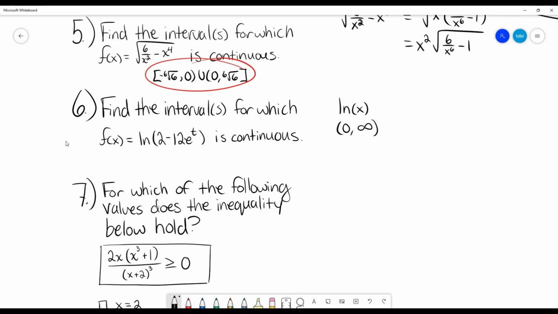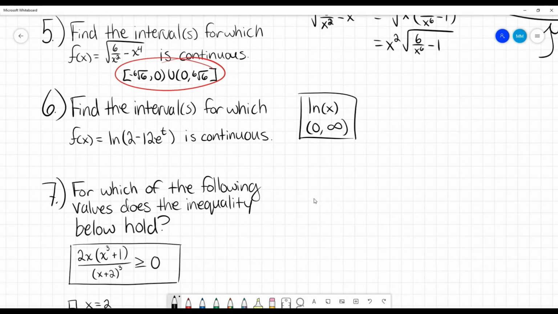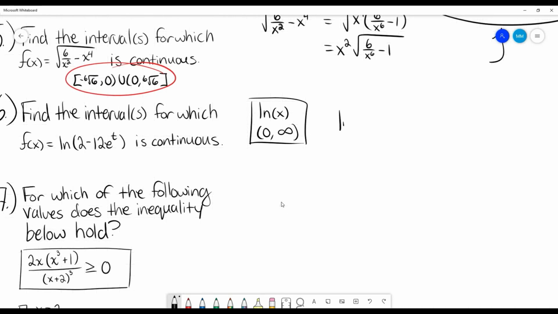So what that tells me is that we need to figure out what in here is going to make the inside of that natural log be 0, and just make sure that our values stay larger than that. So, because it's a natural log of 2 minus 12e to the t, let's figure out what equals 0.